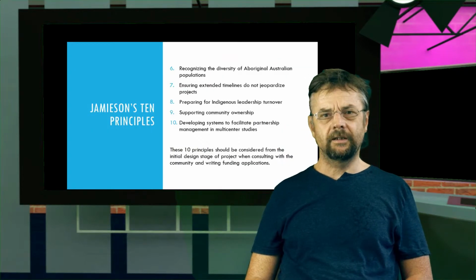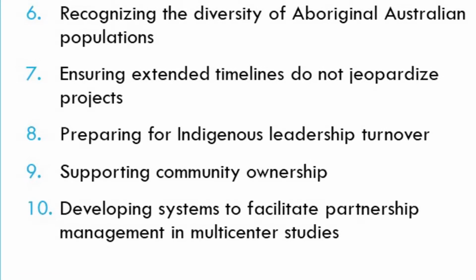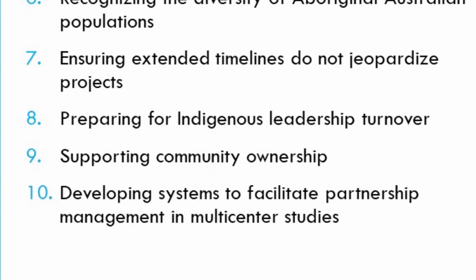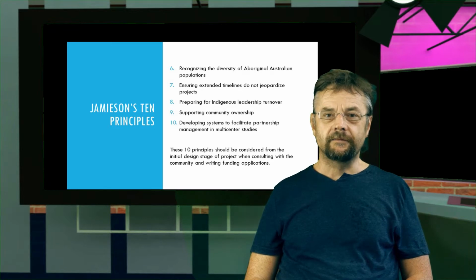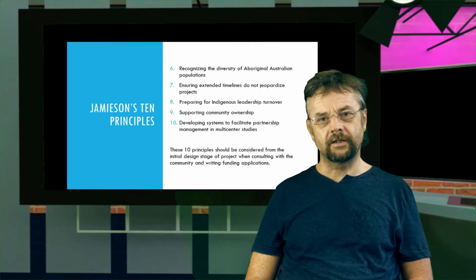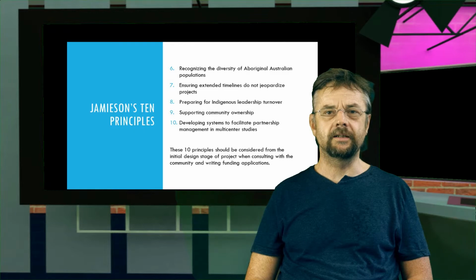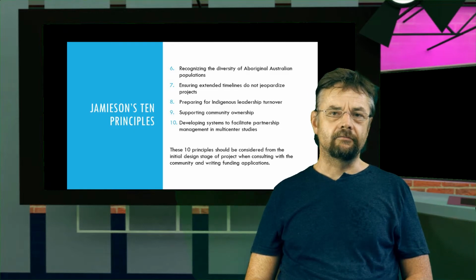Okay, Principle 9, supporting community ownership. Projects can only be sustainable when the community has sufficient input and ownership over the project. And from the outset, research projects need to be directly relevant to Aboriginal communities.